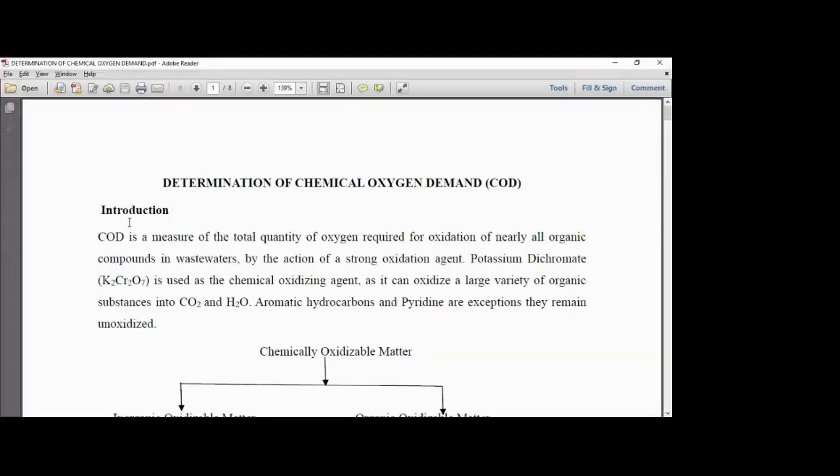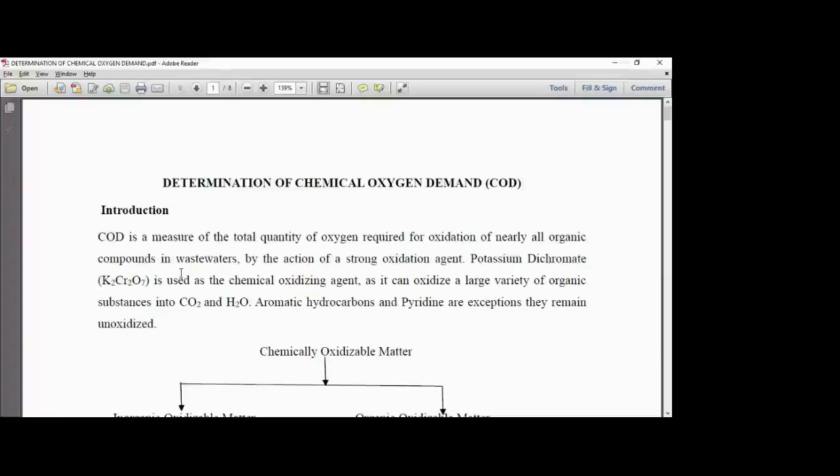BOD is only the oxygen required for the oxidation of organic matter, while COD is the total oxygen required for oxidation of all oxidizable matter. So let it be an organic compound or inorganic compound, if it is oxidizable, then it is considered in COD.